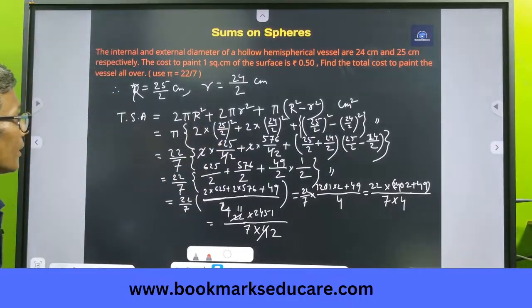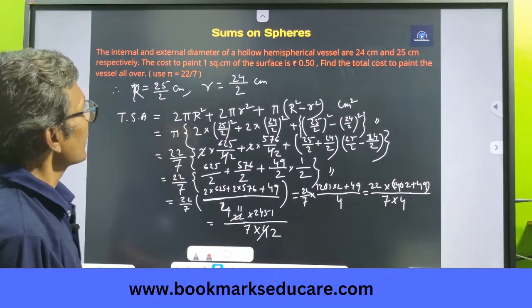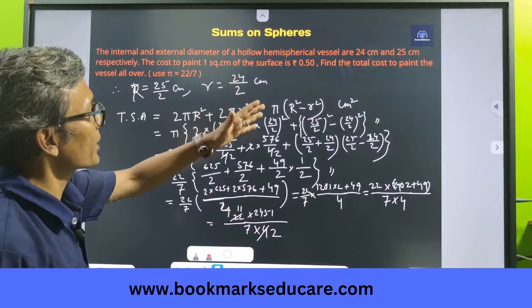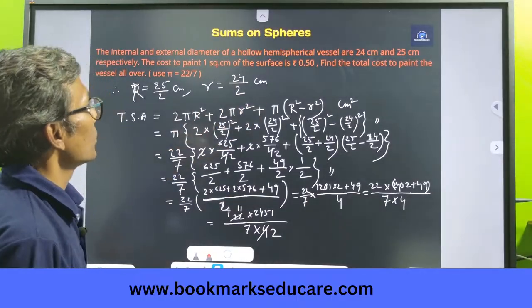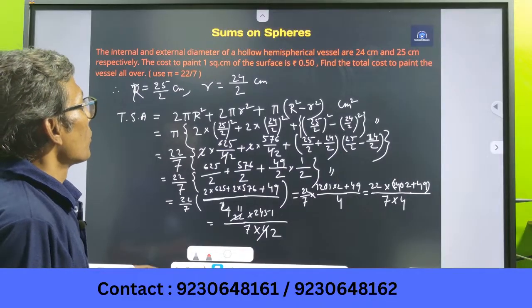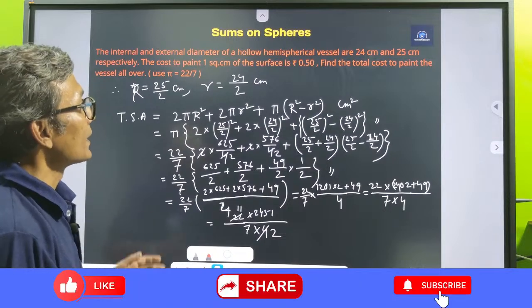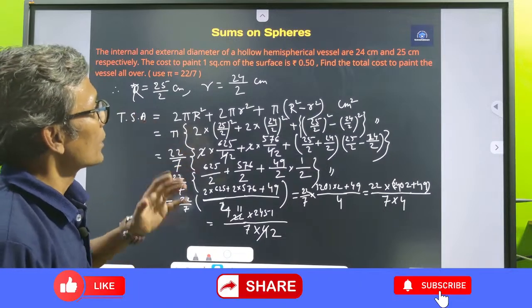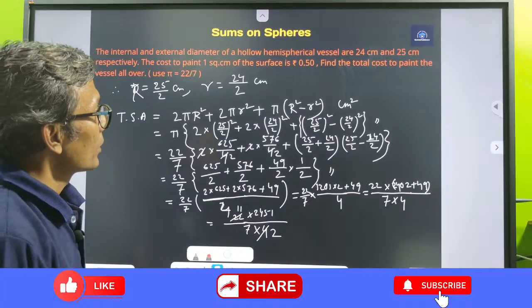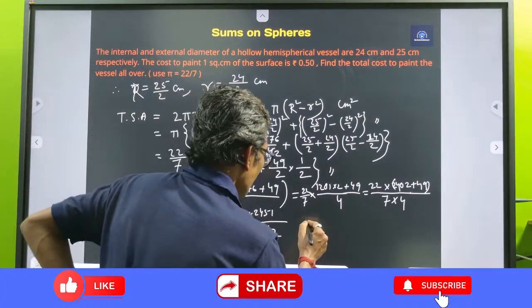Now we have to find out how much cost will be needed to paint the hollow hemispherical vessel. So for 1 centimeter square portion of the hollow hemispherical vessel, rupees 0.50 is needed. Then for this, how much money will be needed?